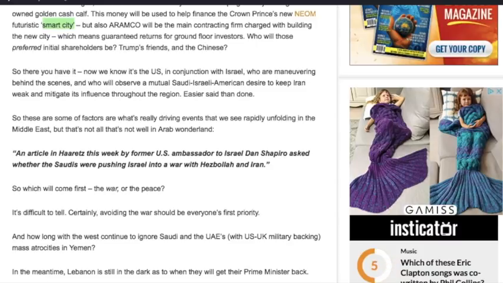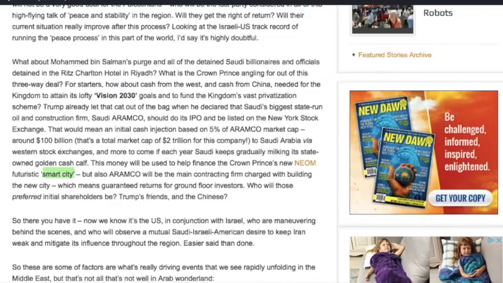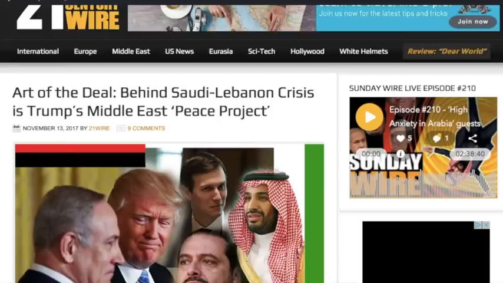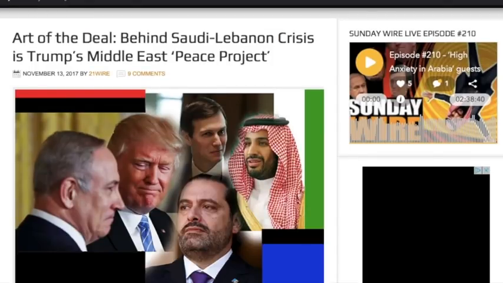So I think this is an important article. This reads very well, and it shows the joint interests of the Saudis and the Israelis in this smart city. And you thought Saudis and Israelis didn't like each other. No, that's not necessarily true, because this is the international business level.